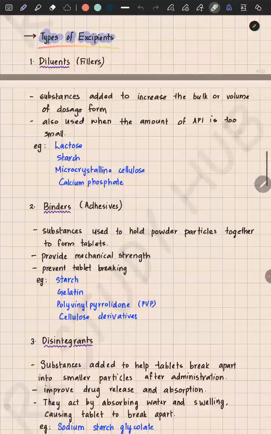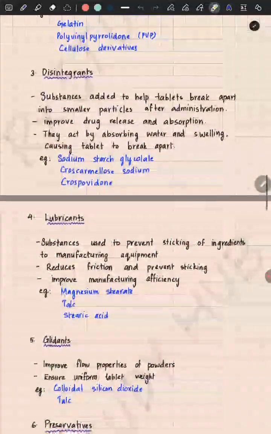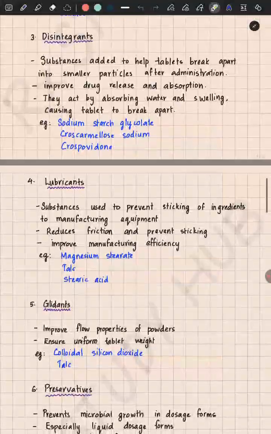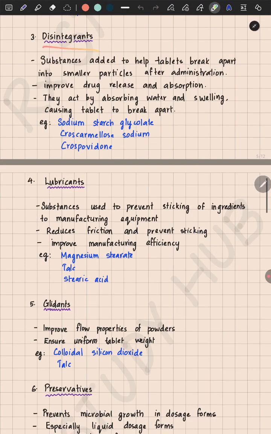There are different types of excipients based on their function. Some excipients act as diluents or fillers, which add bulk to the formulation when the drug dose is very small. Others act as binders, helping to hold the ingredients together in a tablet. Disintegrants help the tablet break down into smaller particles after administration, allowing the drug to be released.